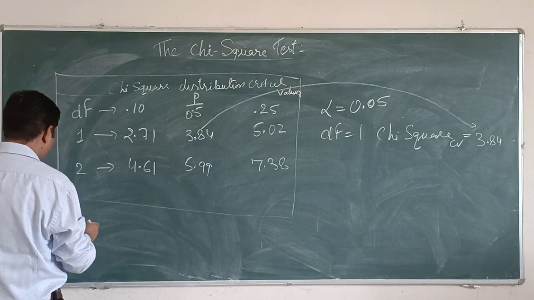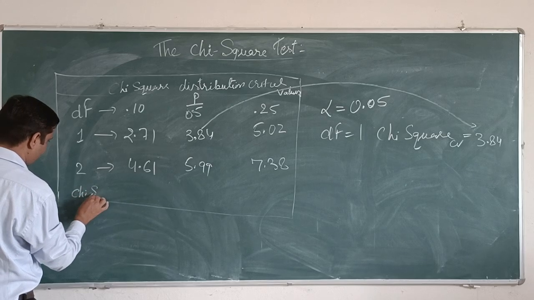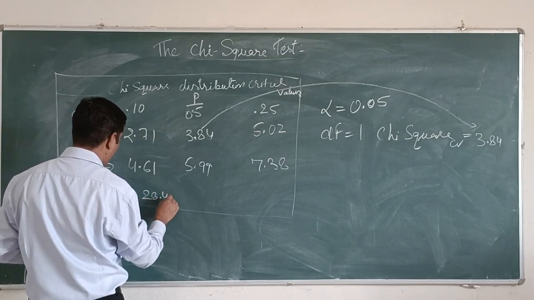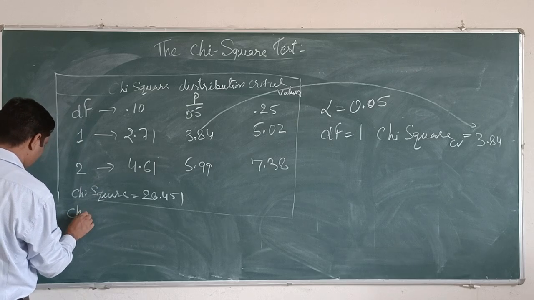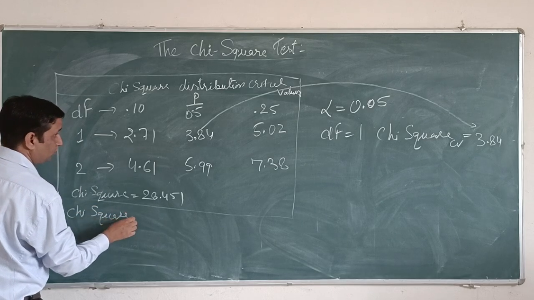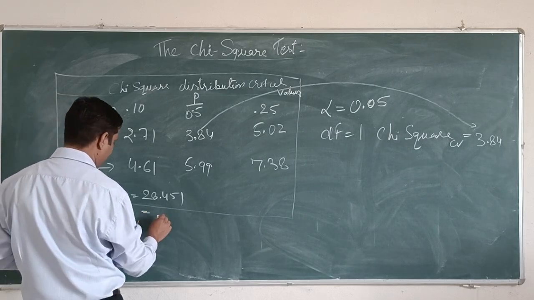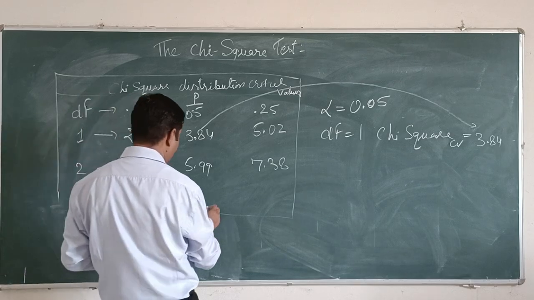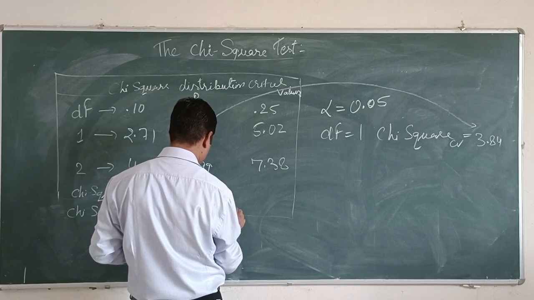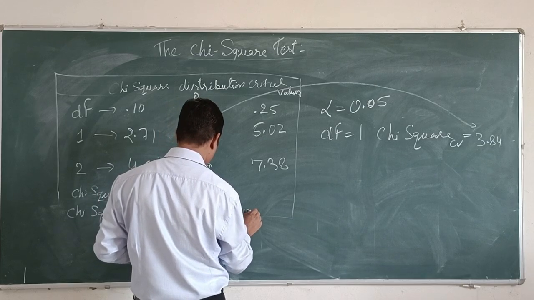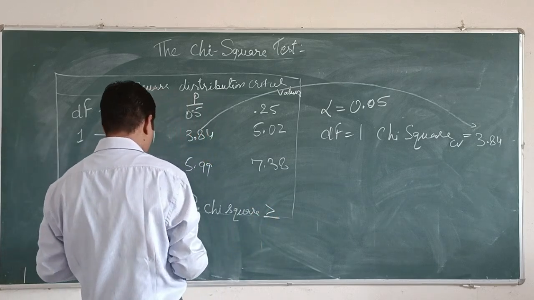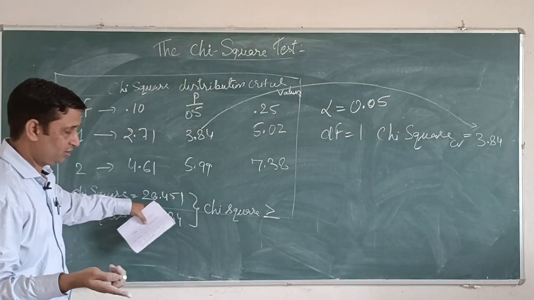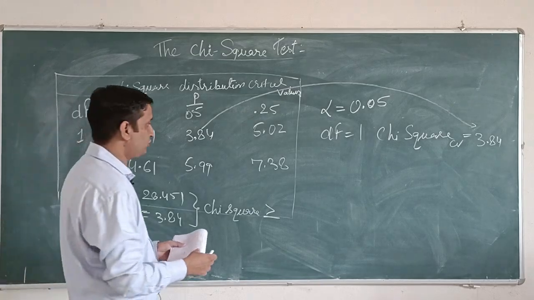So if the chi-square calculated value of the data is 28.451, or the chi-square for the data is greater than 3.84, we can say that the chi-square data is equal to or greater than the chi-square critical value.